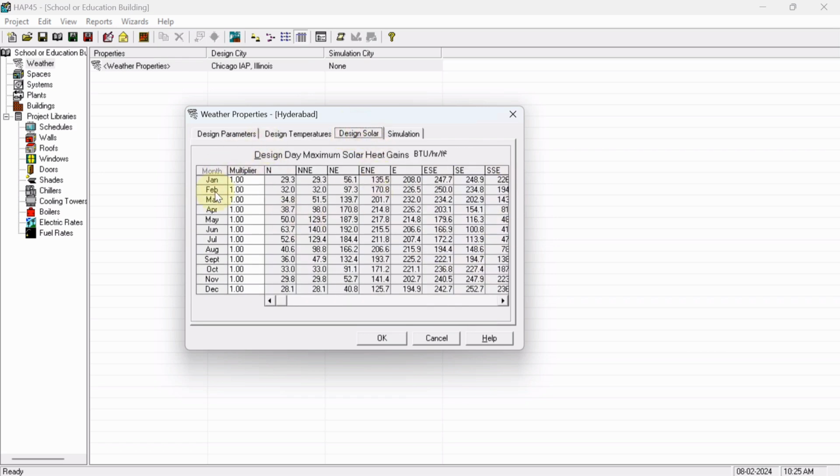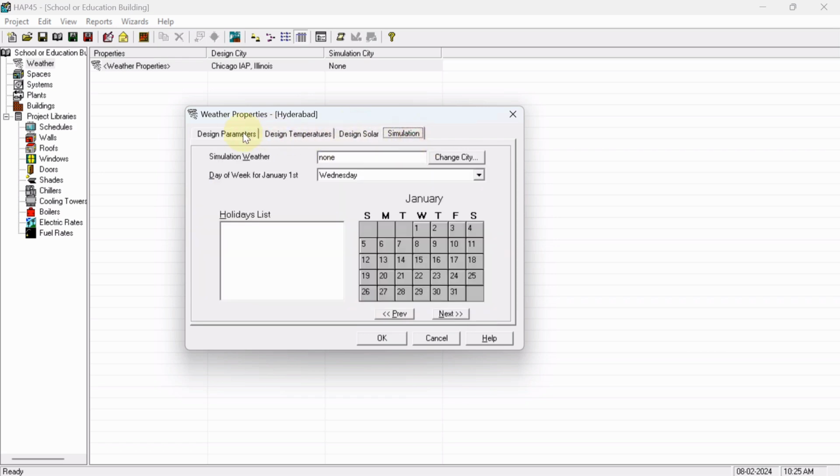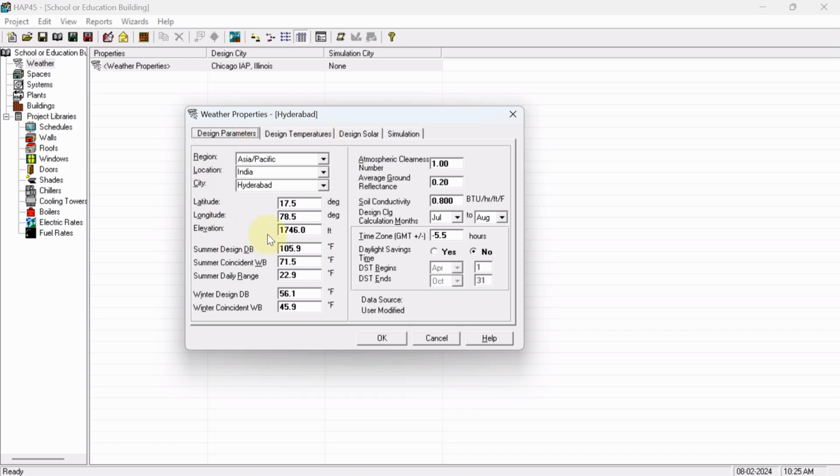Based on that, design solar you will also get. Okay, simulation weather: if you want to change the city, you can hit on that. So in this way we have to add weather properties as per ASHRAE 2021. I hope all of you enjoyed the session. See you in the next one.